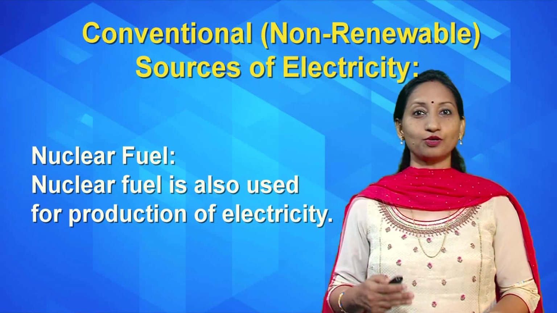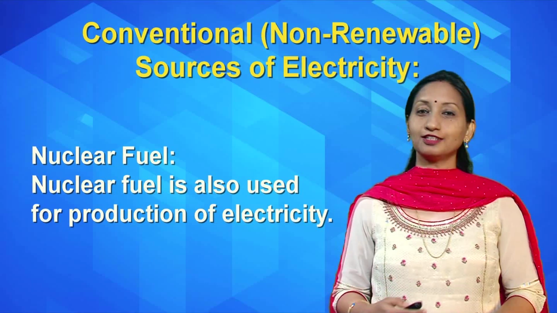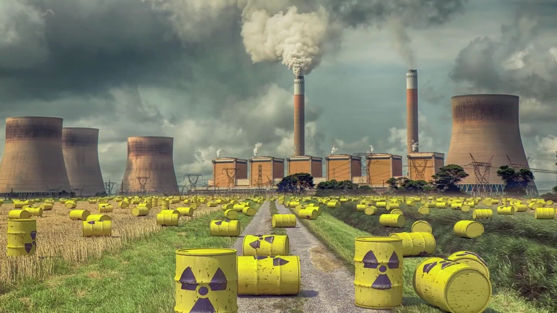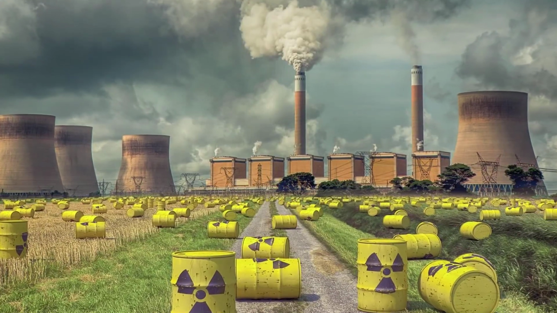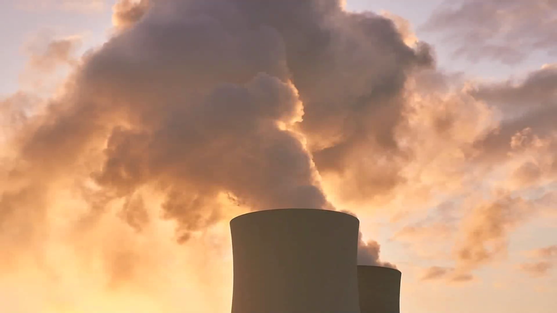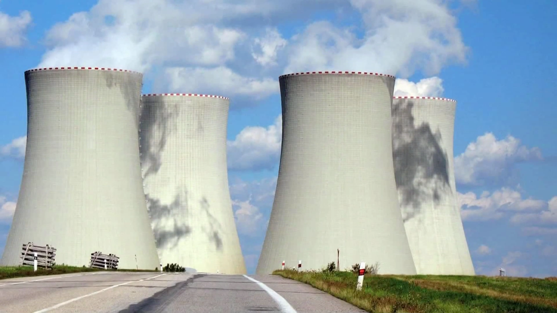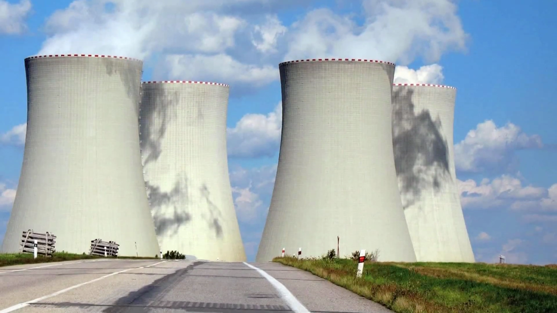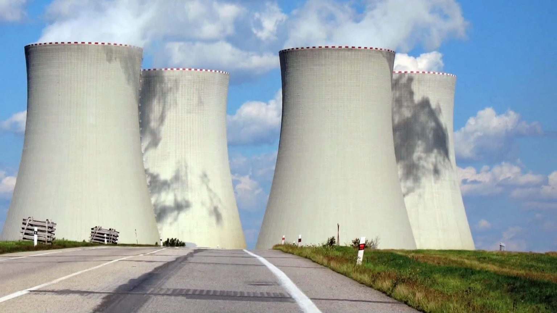Nuclear fuel is also used for production of electricity. Nuclear power plants generate electricity through nuclear fission, where the nucleus of an atom is split, releasing a large amount of energy. This energy is used to heat water and produce steam, which drives the turbine to generate electricity.